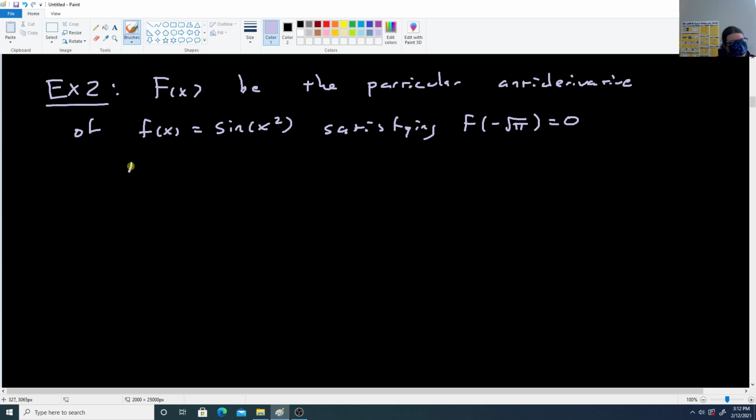We want to express capital F of x as an integral.